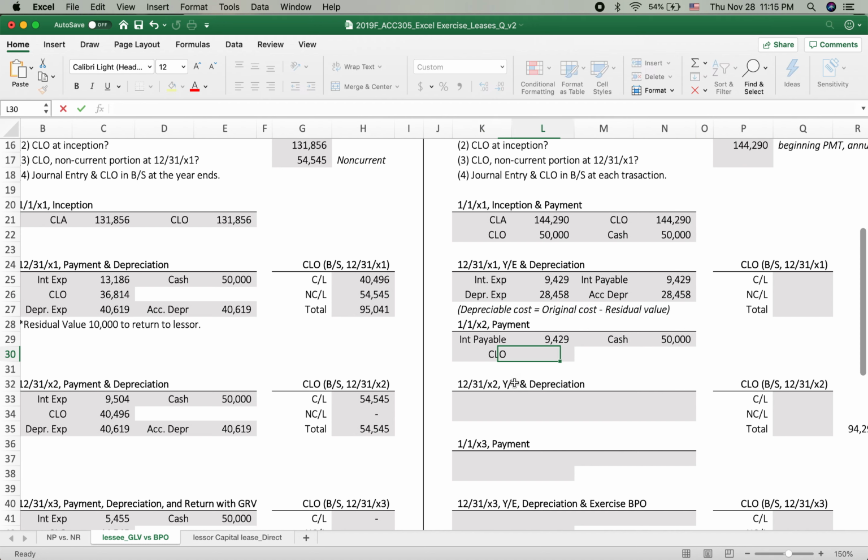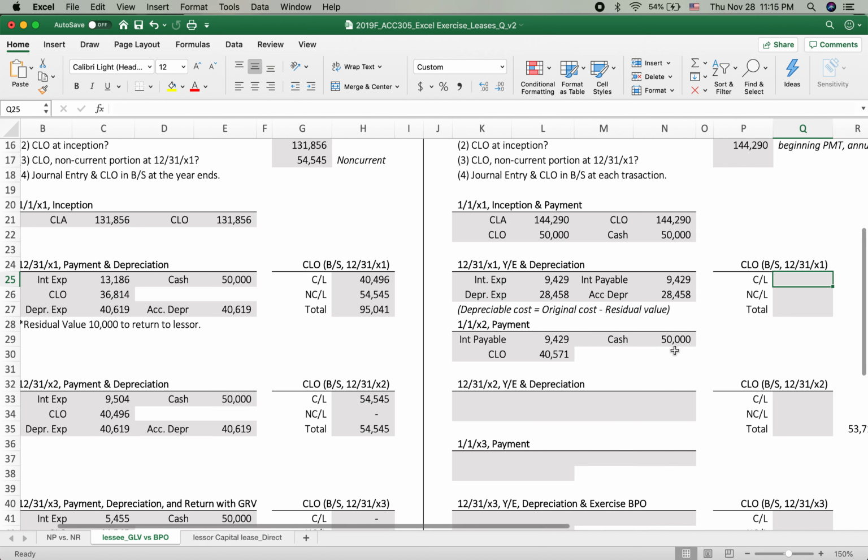So capital lease obligation is now $40,571, right? So we can quickly calculate the current liability at December 31st, because the current portion of the capital lease obligation is the amount maturing in less than 1 year, right?